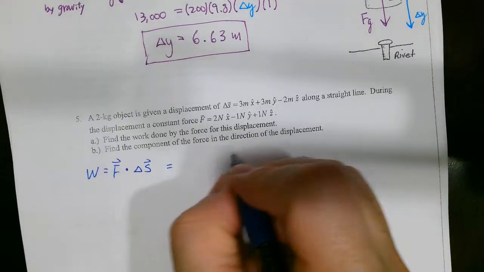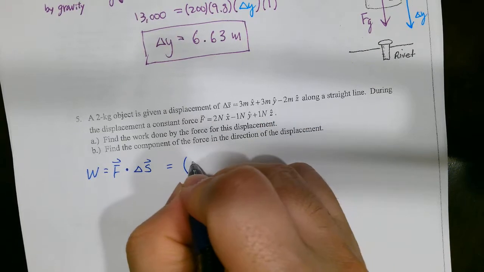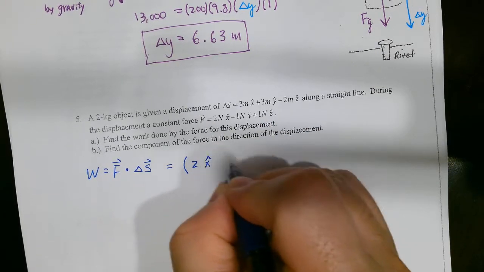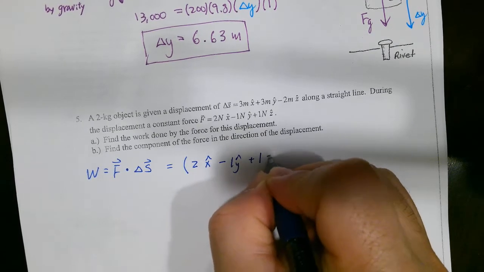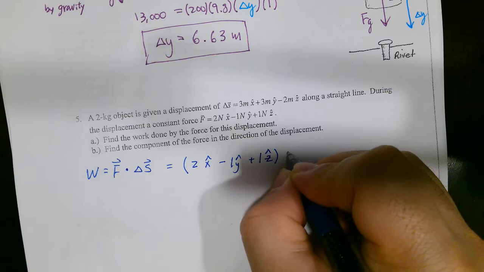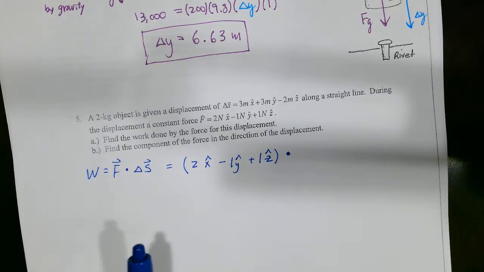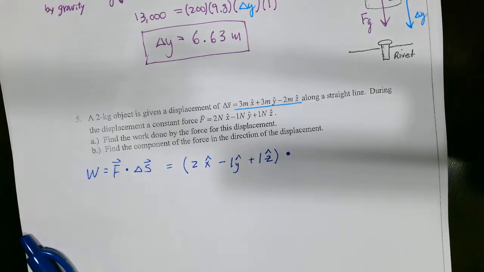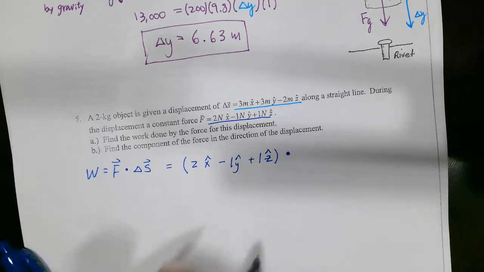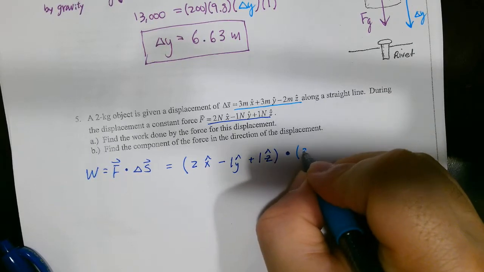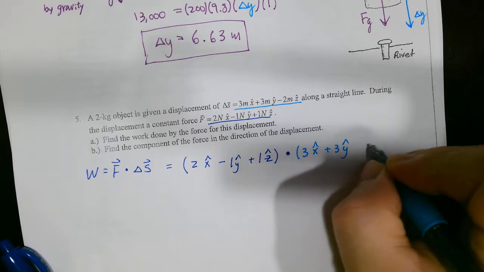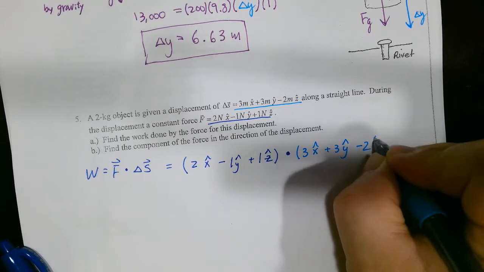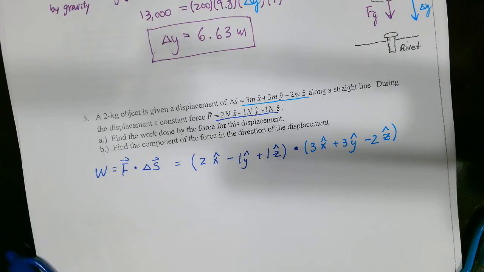So force happens to be 2x hat minus 1y hat plus 1z hat, dot delta S, and I'm going to change the color so you can make a little bit of difference here, 3x hat plus 3y hat minus 2z hat, right?